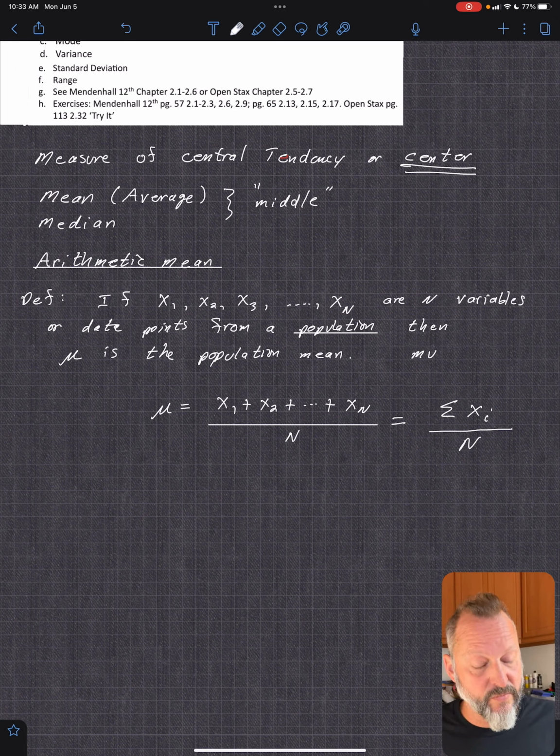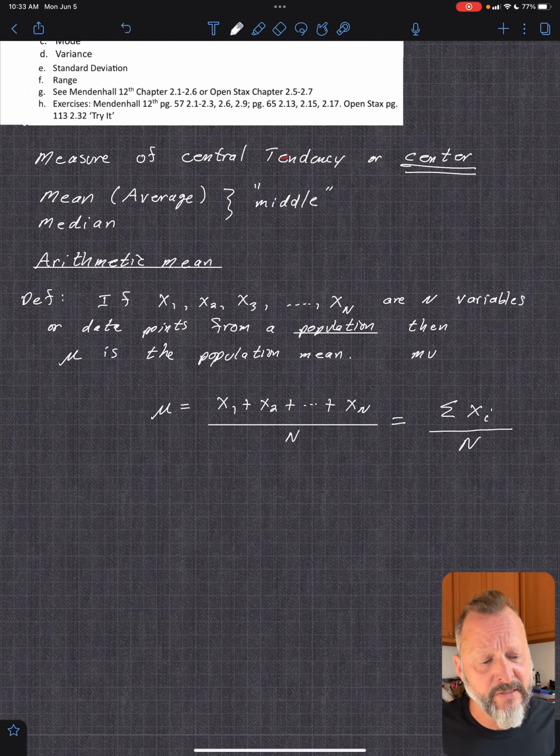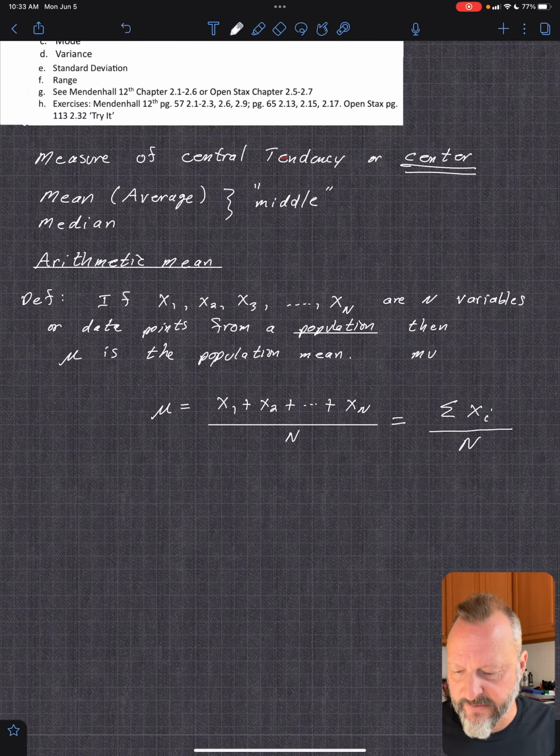I will ask you to do this calculation by hand for a little while, for this quiz, and probably in a couple of examples or questions on the midterm. After that, you'll be using a calculator. So you sum up all the numbers.